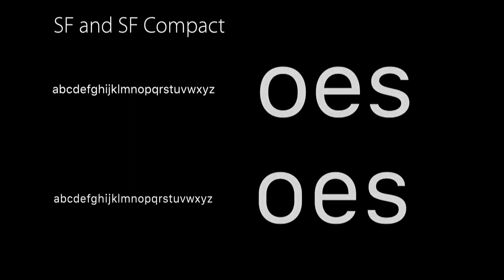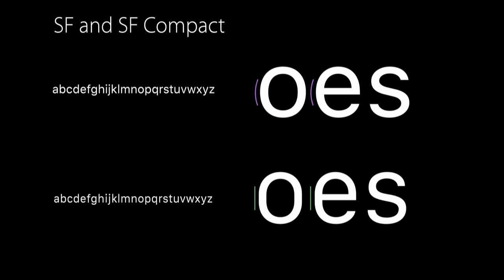So now let's look at the difference between these two. SF and SF Compact are sibling designs, meaning they're related but not equal. And the biggest formal difference between the two is how we handle the round shapes. In SF, they're round, and in SF Compact, they're actually slightly flat. So that achieves 2 main goals.